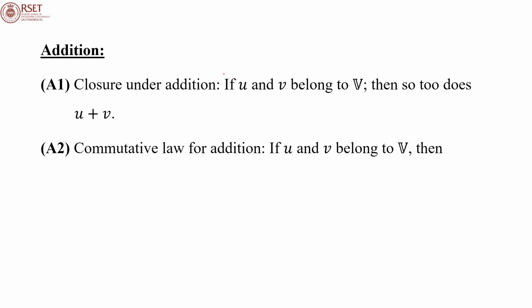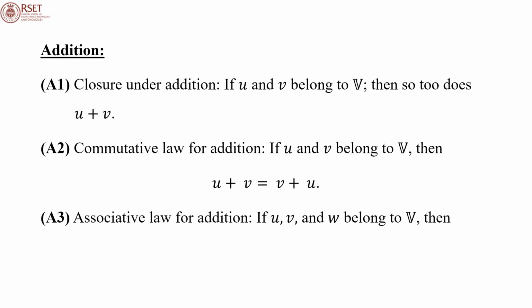That is, if u and v are elements of V, then u plus v must be equal to v plus u. The third property is the associative law for addition. That is, suppose we have three elements u, v and w in capital V, then u plus (v plus w) must be the same as (u plus v) plus w.